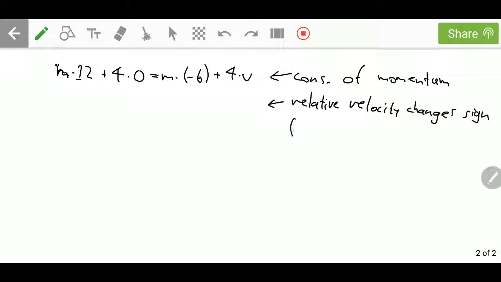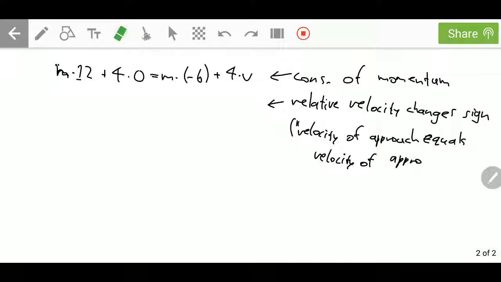You'll also see this written as: the velocity of approach, the speed at which one object approaches the other before the collision, equals the velocity of recession, so the speed at which the objects move away from each other after the collision.